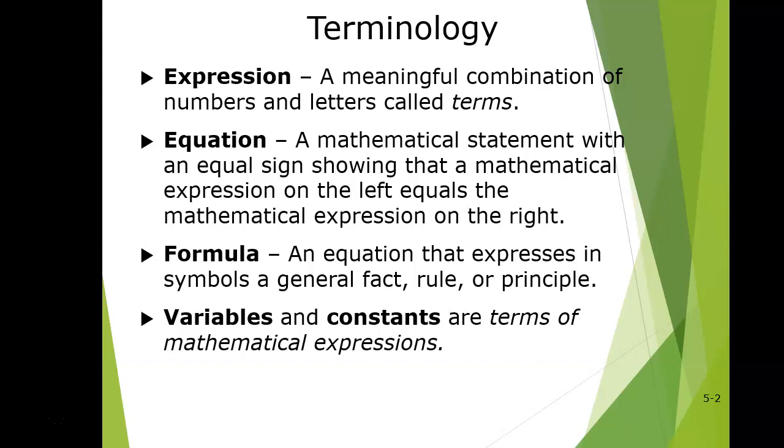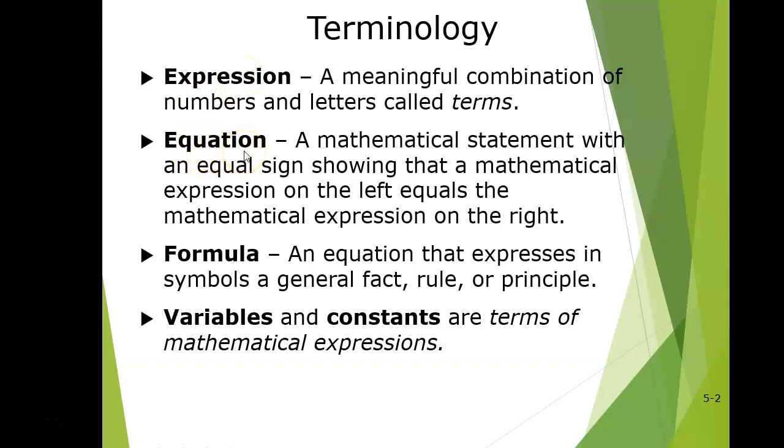They're going to drive a total of 500 miles, and that person is driving at an average rate of 65 miles per hour. The question is, how long would it take that person to reach their destination? We would take that information and use numbers and letters to form what's called an expression.